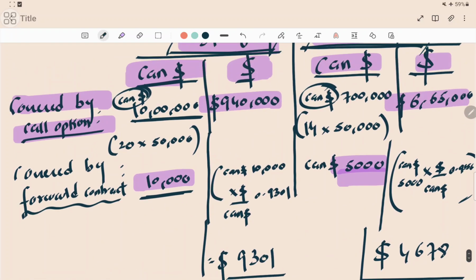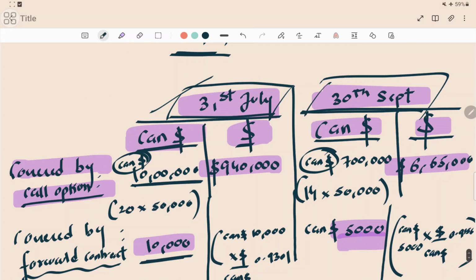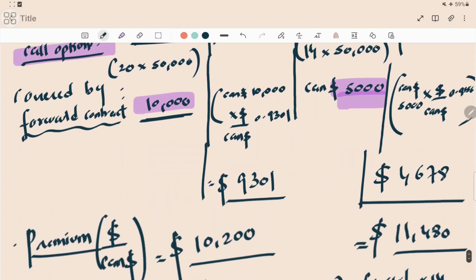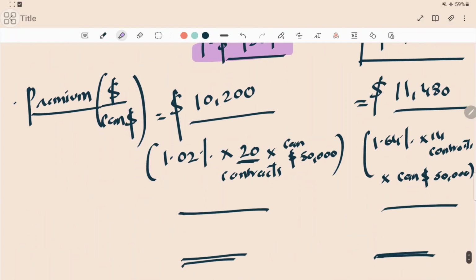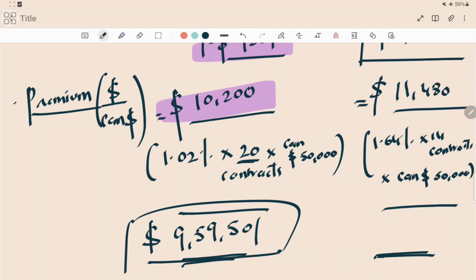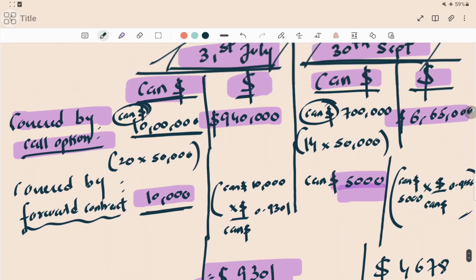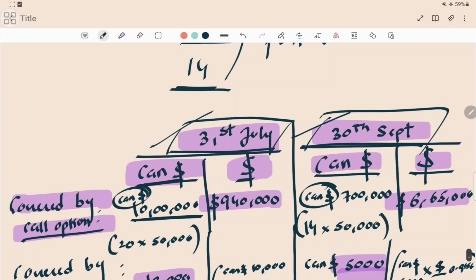So let's add one by one. In case of 31st of July, first let's do that. 9,40,000 plus another one was this one, 9,301, plus this one, 10,200 premium. This comes up to 9,59,501 what? Dollar. Okay, similarly here also you'll add for 30th of September.